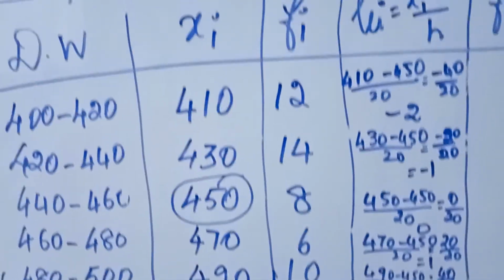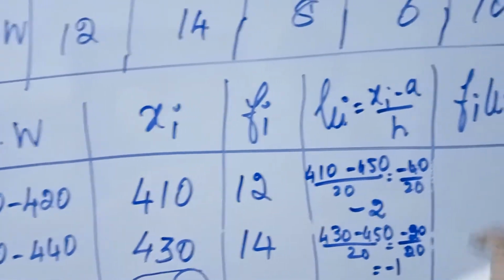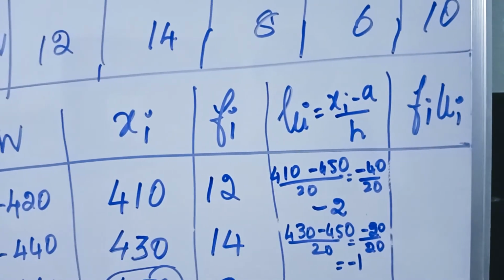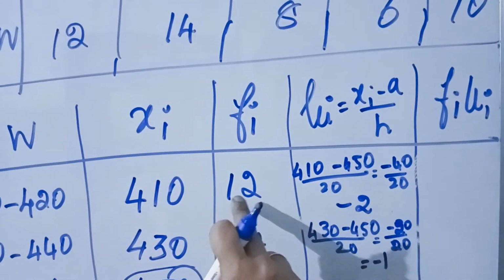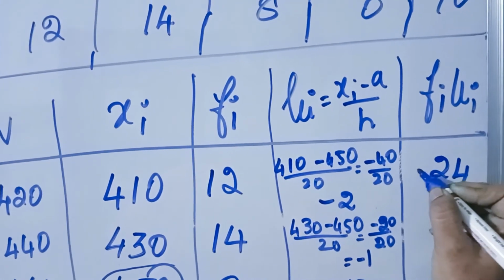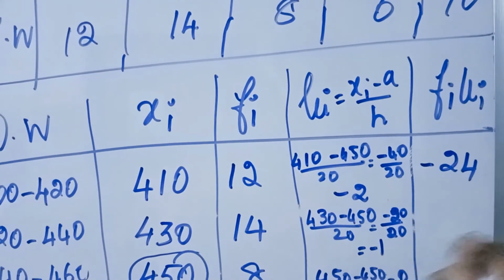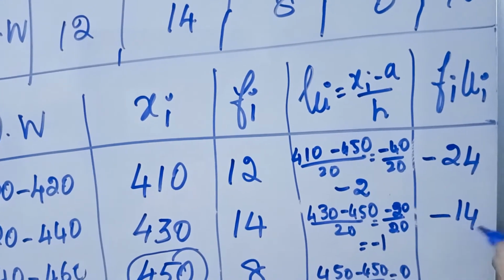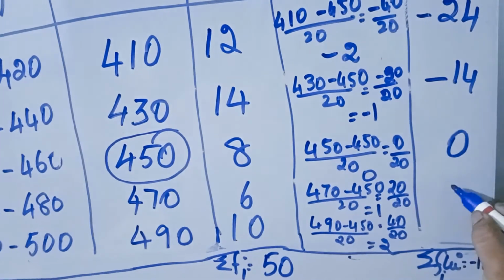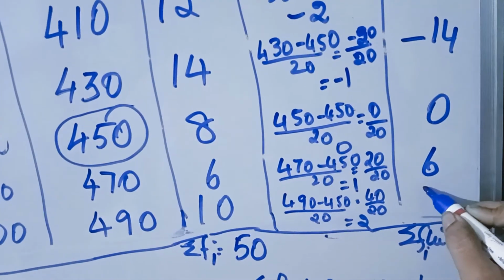Now we got the ui values. Now we have to find Fi ui. For that, you just multiply Fi and ui values. 12 into minus 2, minus 24, since plus into minus is minus. 14 into minus 1, minus 14. And 8 into 0, 0. Then 6 into 1, 6. And 10 twos are 20.